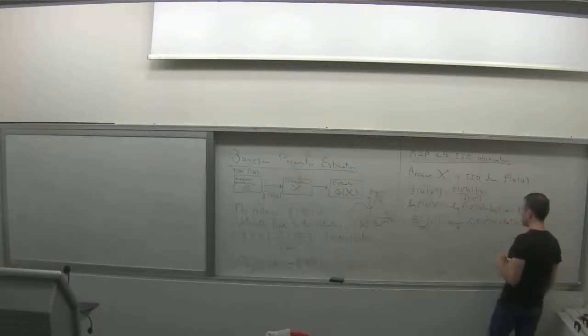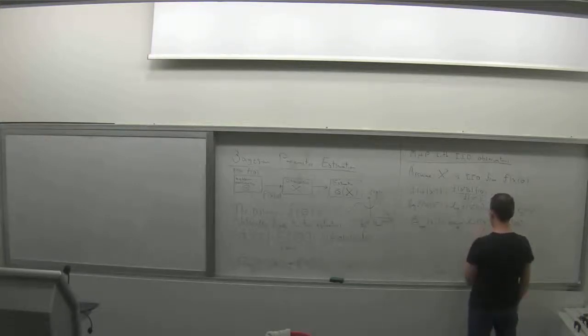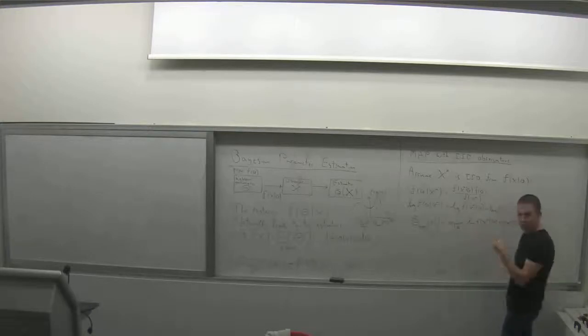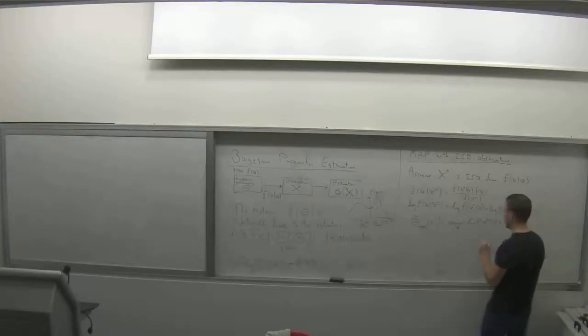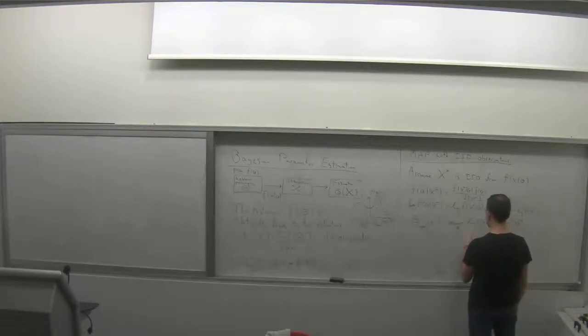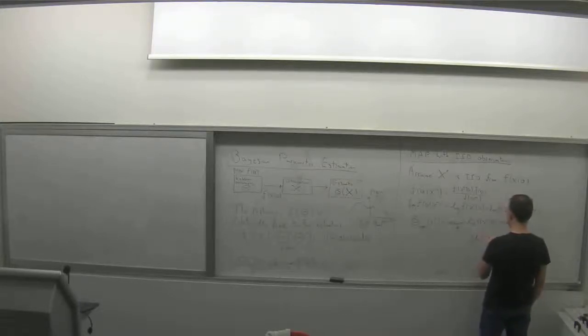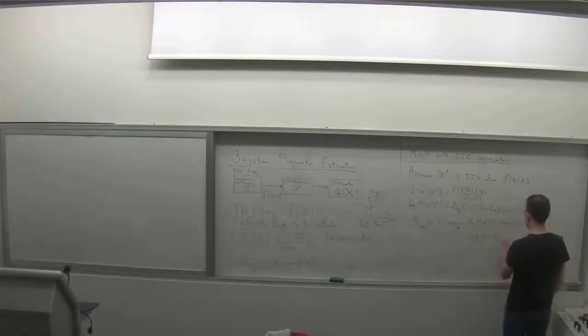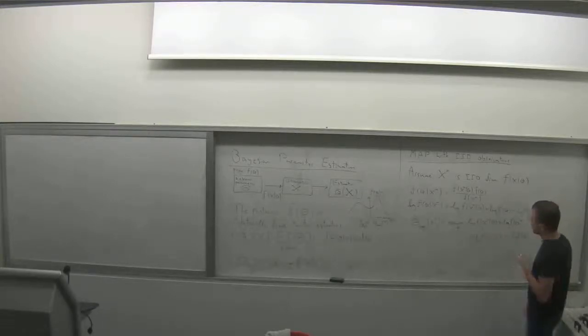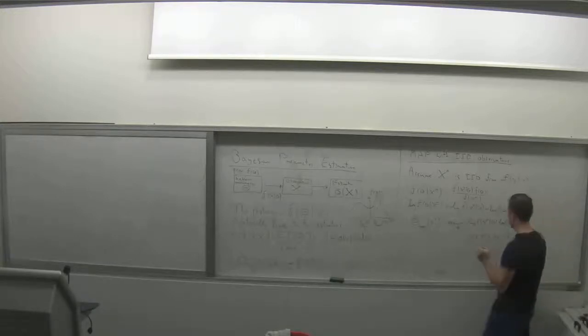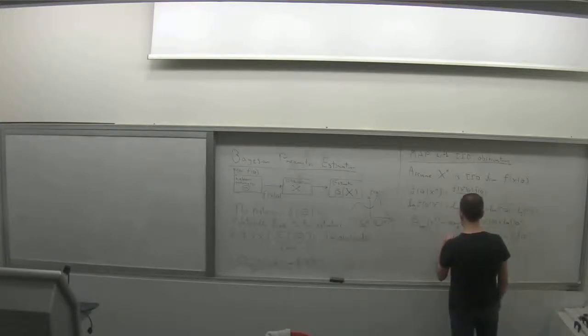And now, because of IID, what is this thing? It would be a product of the individual observations. So this would be the sum over i from 1 to n of log of f of x_i given theta, plus log of f of theta. So as you get more and more observations, what happens?